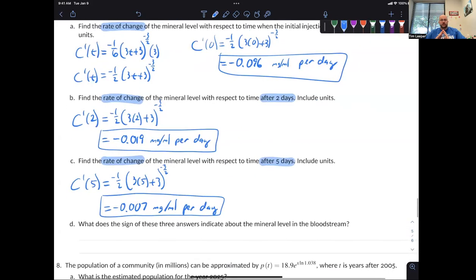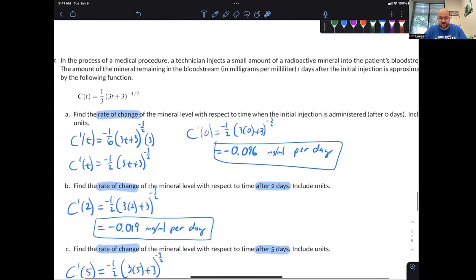D is asking us, what does the sign of these 3 answers indicate about the mineral level in the bloodstream? It's not wanting to know about the numbers, but what is the negative telling us? Because the rate of change that we're looking at is negative. It means that we are decreasing the mineral level concentration, basically.